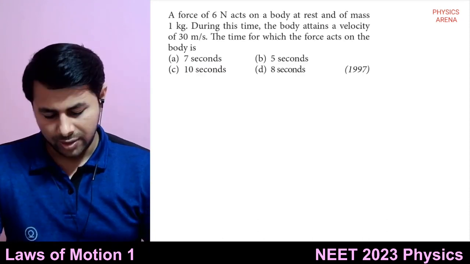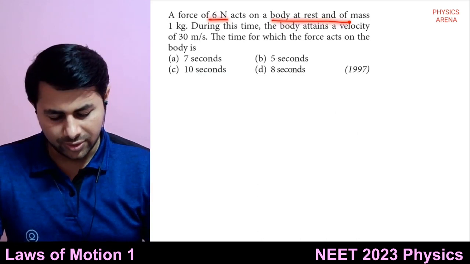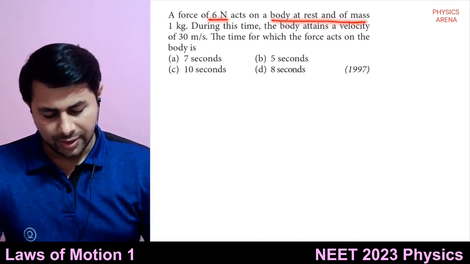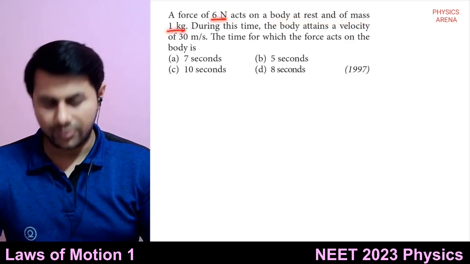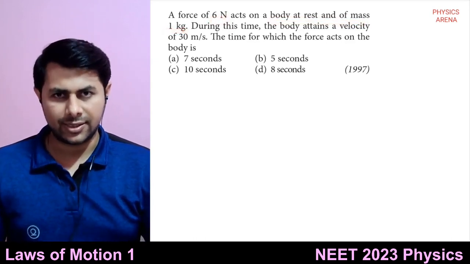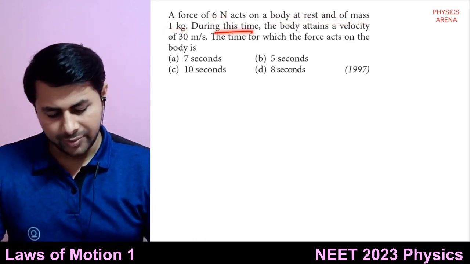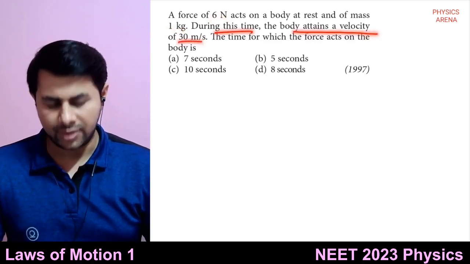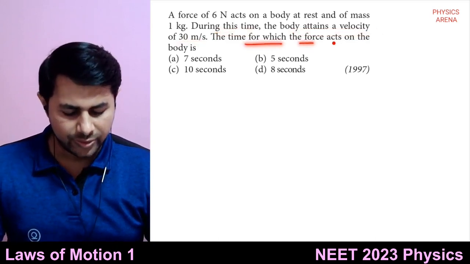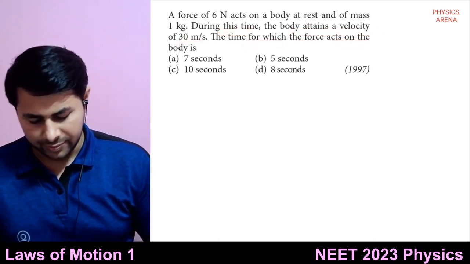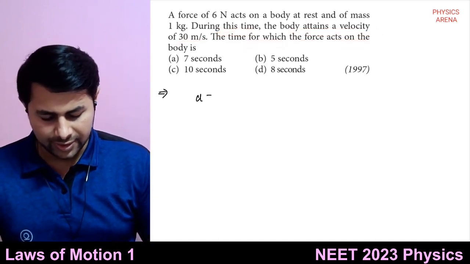Good. Force of 6 Newton acts on the body at rest and of mass 1 kg. So you have force, you have mass, that means you have acceleration. During this time, the body attains a velocity of 30 meters per second. The time for which the force acts on the body is. So what is acceleration?